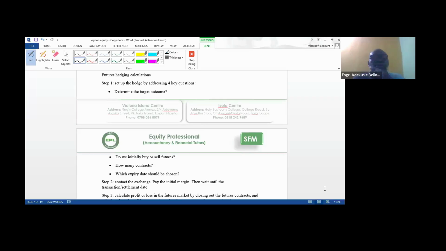When you are done with step 1, contact the exchange and pay the initial margin. In most cases, there is no margin involved.